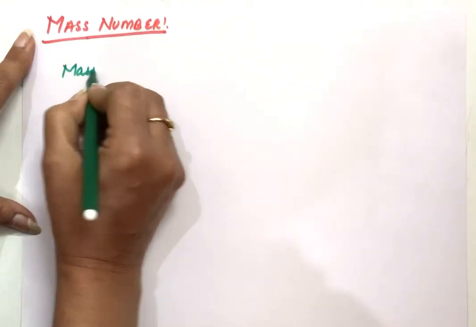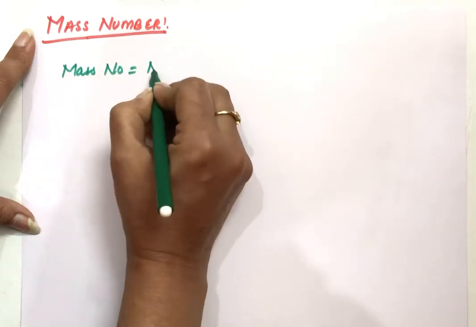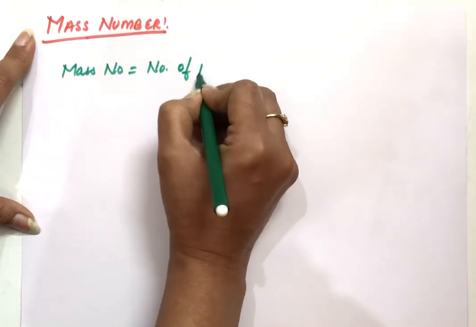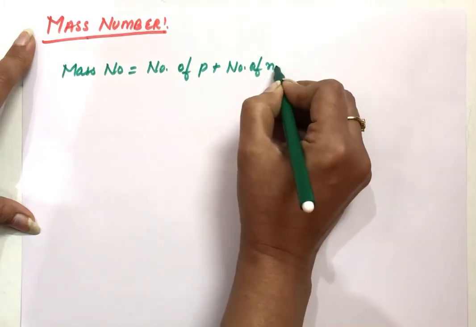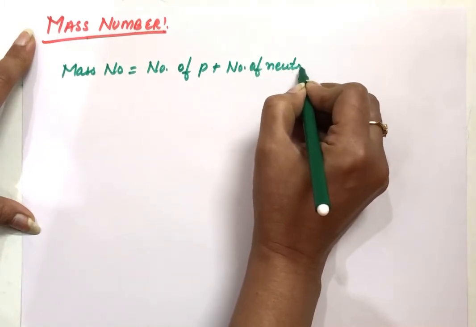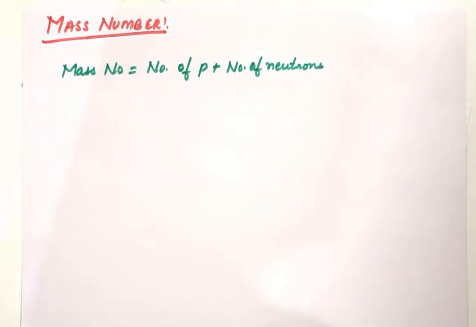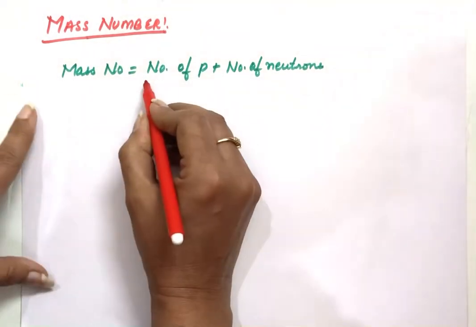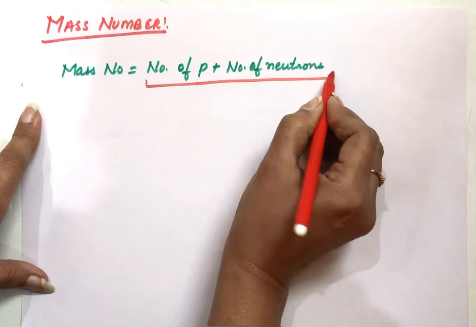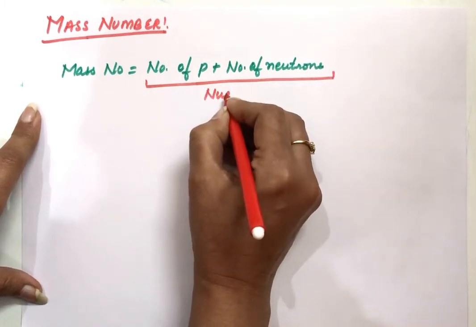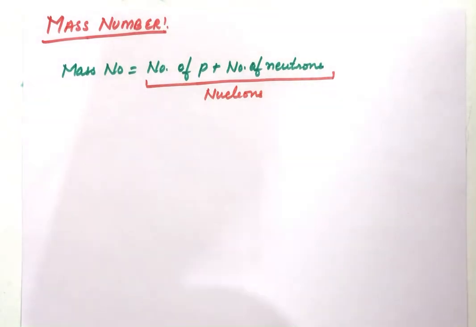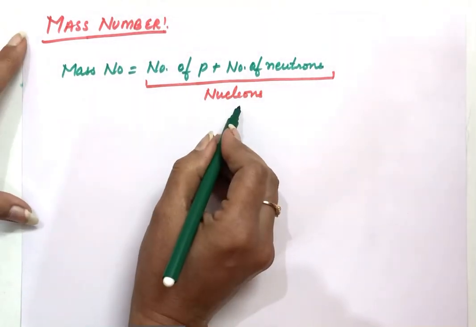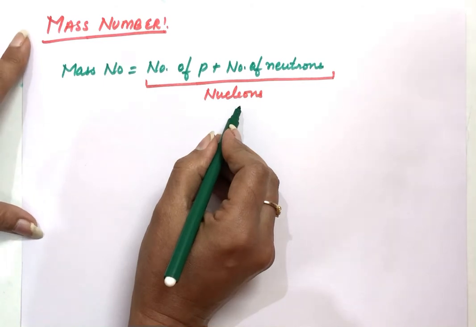Mass number is equal to number of protons plus number of neutrons in one atom of an element. And protons and neutrons together are called nucleons. So we can say mass number is equal to number of nucleons in one atom of an element.